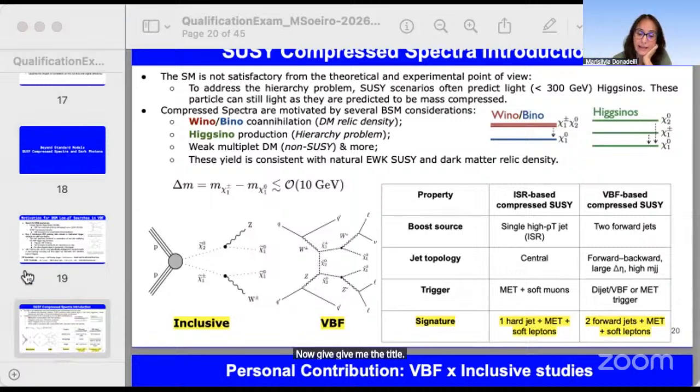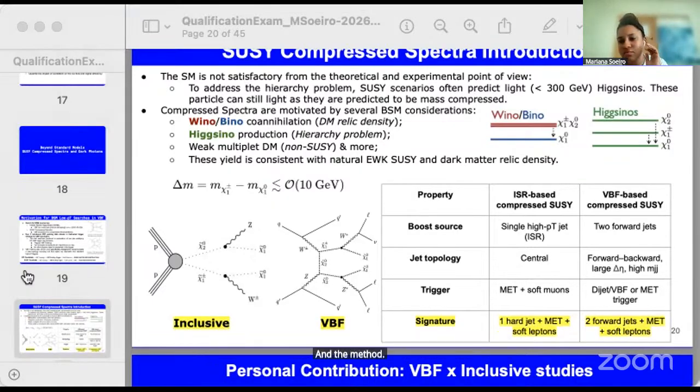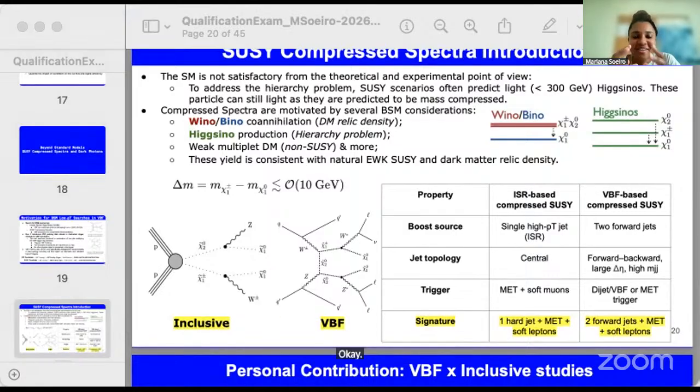For the dark photon analysis, you mentioned the results for the massive dark photons at CMS, and the methodology for the SUSY compressed mass spectra. So I'm going to put this all together in terms of analysis strategy. The difference between the SUSY compressed spectra and the dark photon analysis is that SUSY has MET included, and this MET could be different particles.